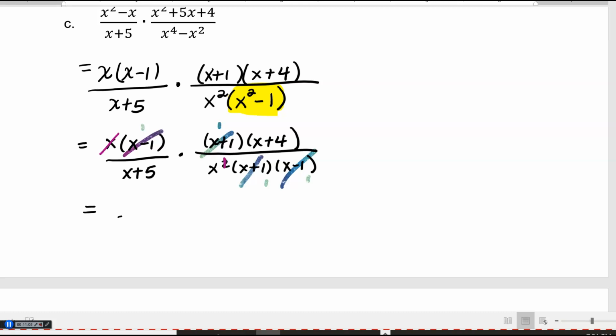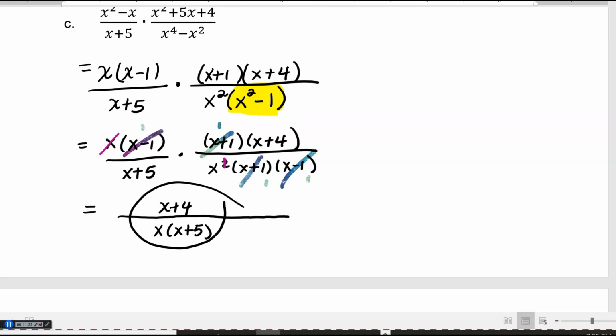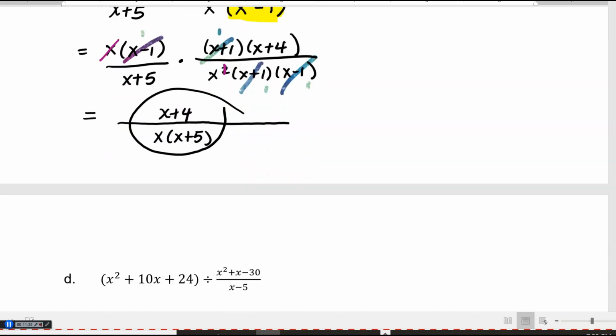So our final answer, what's in the numerator? Well, we still have an x plus 4 left in the numerator. And what's left in the denominator? You have an x plus 5 times x. But it would be better if you wrote it as x times x plus 5. So that's the final answer for that problem.